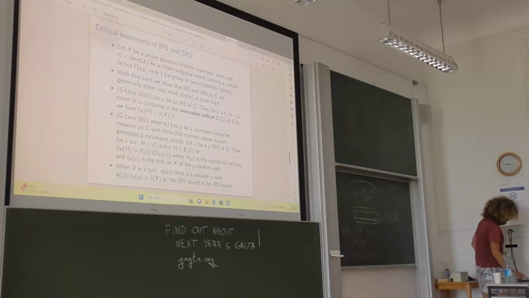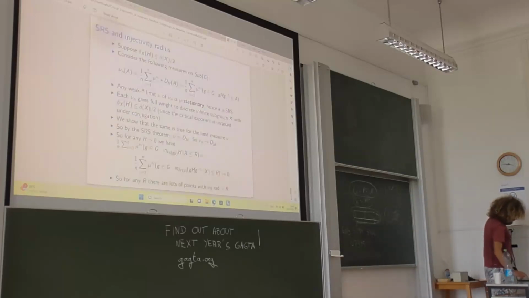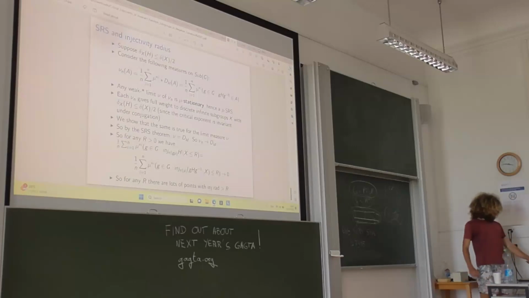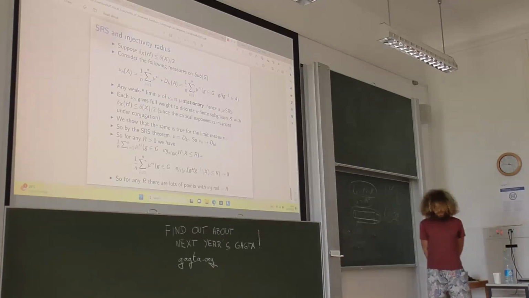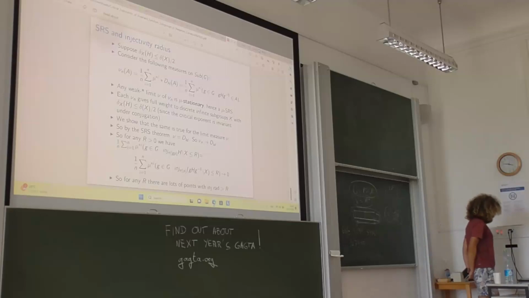So it means μ is the Dirac measure at the identity, because that's the only thing it could be. And this is true for any subsequence. So it means μ_n converges to the Dirac measure at the identity.